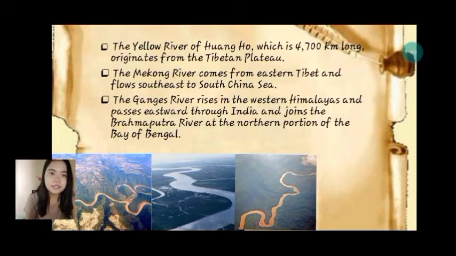Next is the Mekong River, which comes from eastern Tibet and flows southeast to the South China Sea. And the last one is the Ganges River, which rises in the western Himalayas and passes eastward through India and joins the Brahmaputra River in the northern portion of the Bay of Bengal.